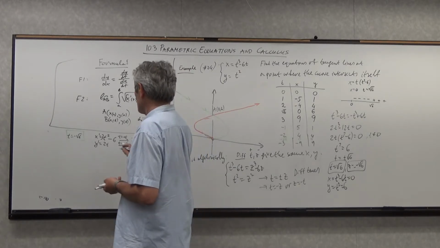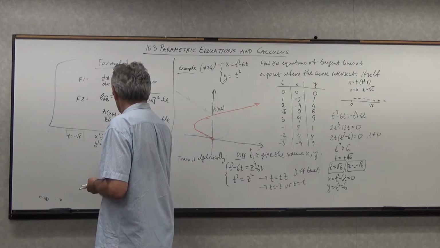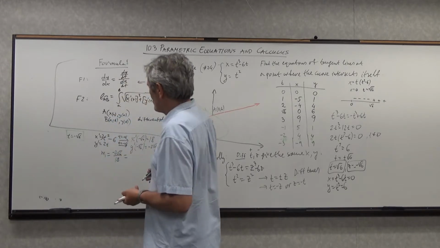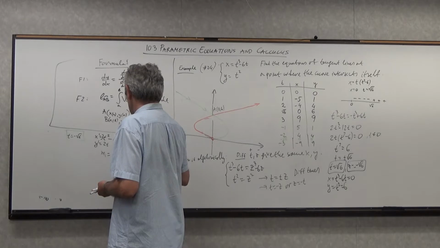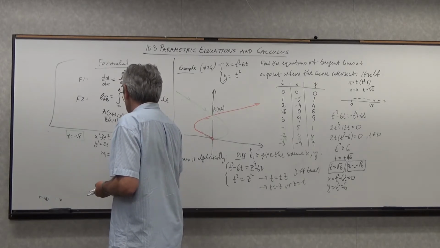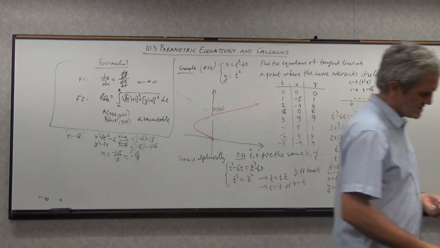So the green slope, m1, is what? Negative 2 root 6 over 18. I usually don't rationalize the denominator, so it is minus root 6 over 9. Is this correct? Check.